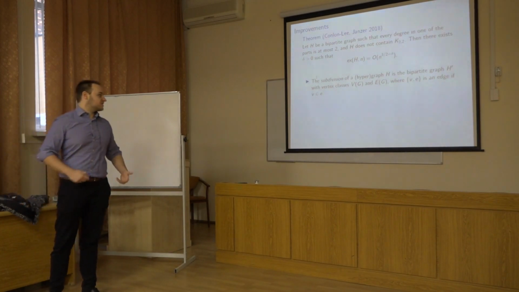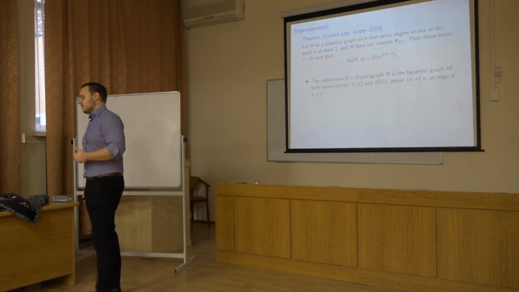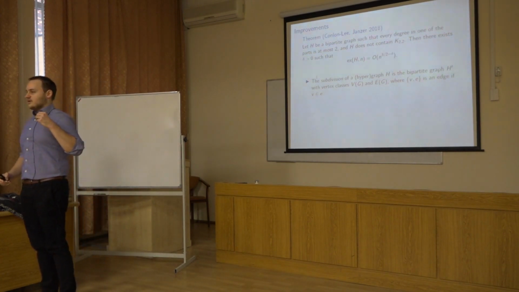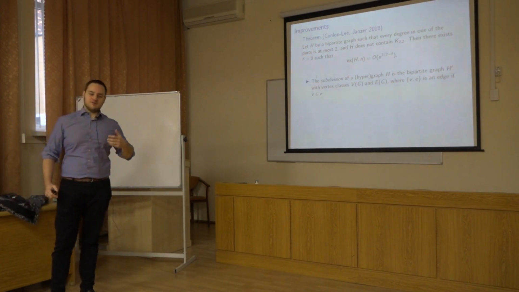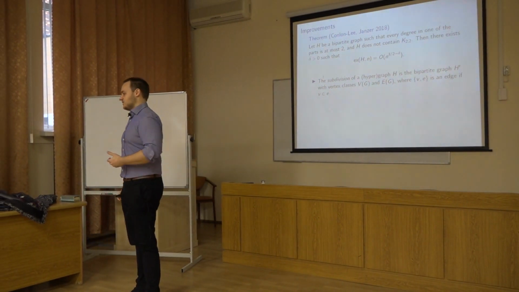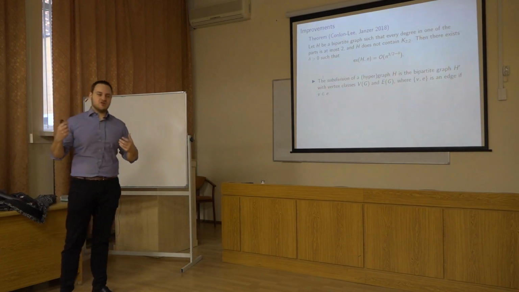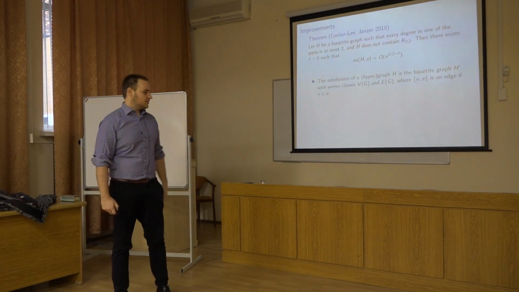Or in other words, you can define the subdivision of a graph, or even a hypergraph, as a bipartite graph whose vertex classes correspond to the vertex set and edge set of this graph, and then we connect an edge with a vertex if this edge contains the vertex.